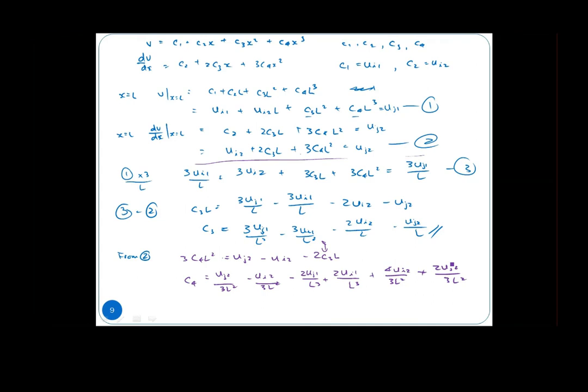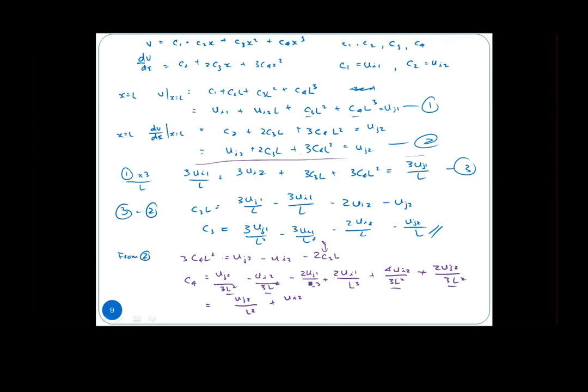You have ui2 terms, so our c4 here will become uj2 over L squared, since 1 over 3 plus 2 over 3 is 3 over 3, plus ui2, minus 1 over 3 plus 4 over 3, so we have 1.